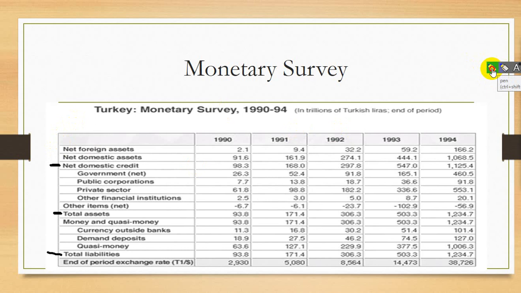Like any balance sheet, total assets should be equal to total liabilities, and should be equal to, in this case, net domestic credit. So from this account, if you have net domestic credit, you can find total assets and total liabilities as well.